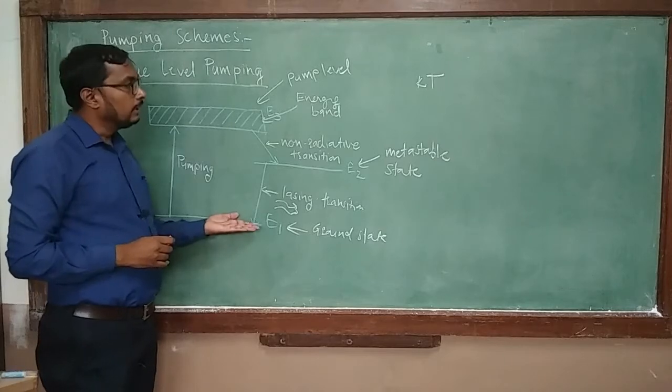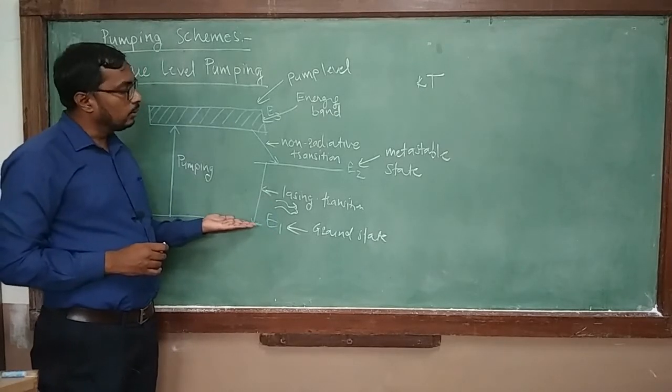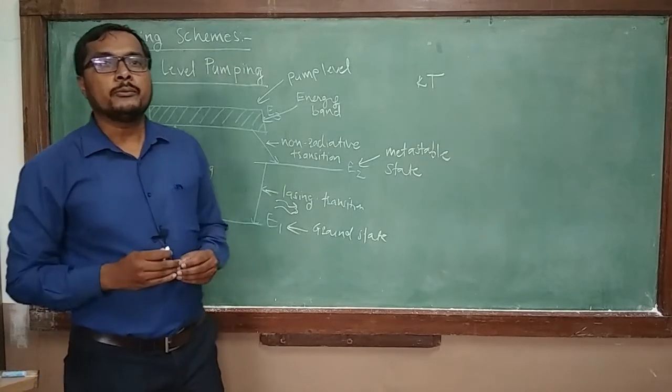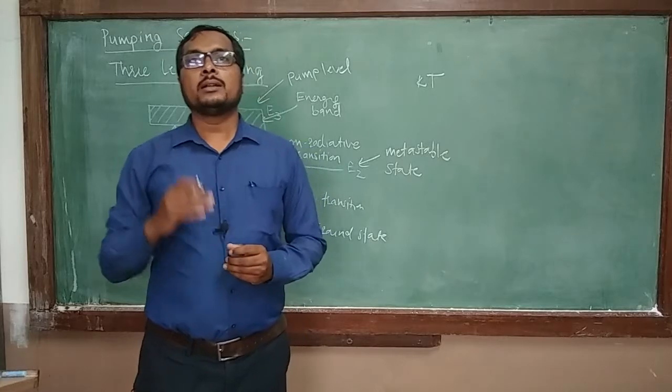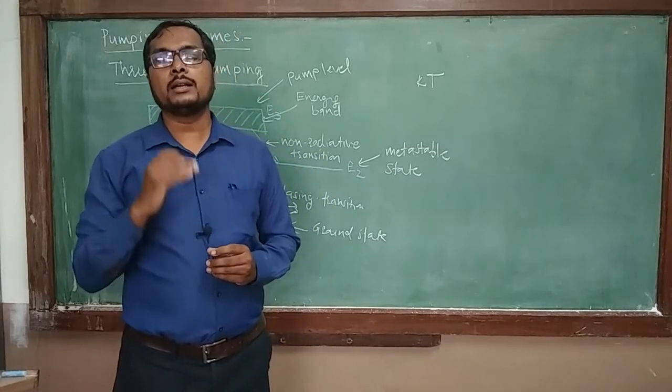So, if the separation of the lower laser level is less than kT, then we can say that there is enough population at room temperature in that level.